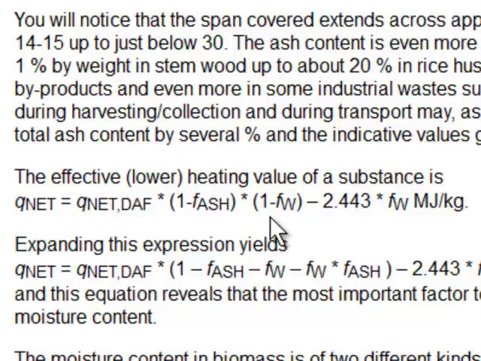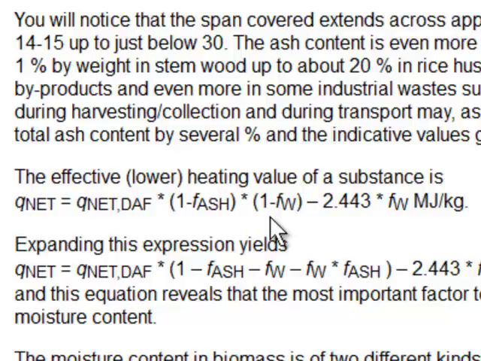So the net heating value for the dry ash-free substance is multiplied by the fraction of ash-free material, and then it is multiplied by the fraction of dry material.